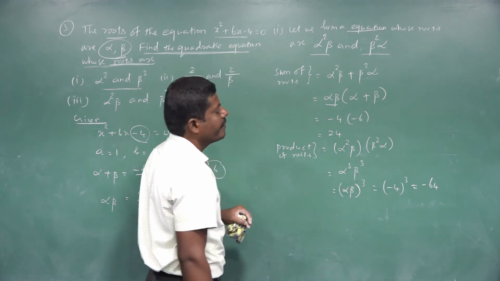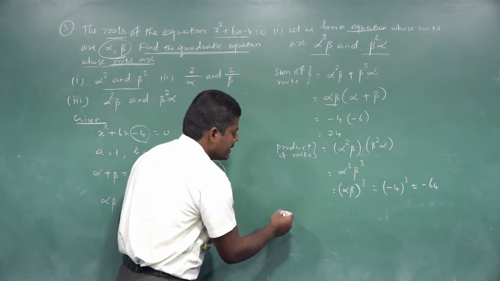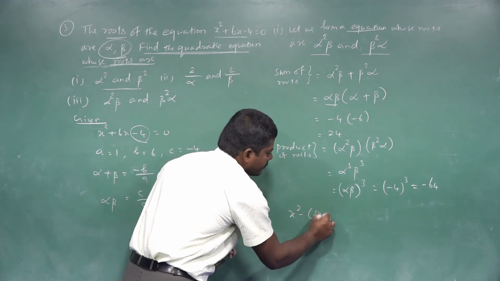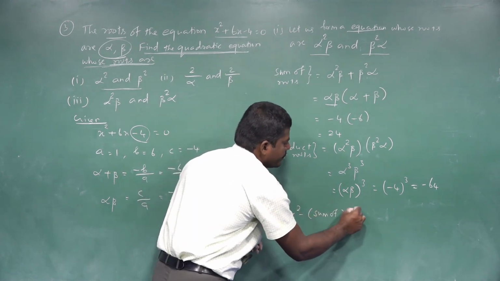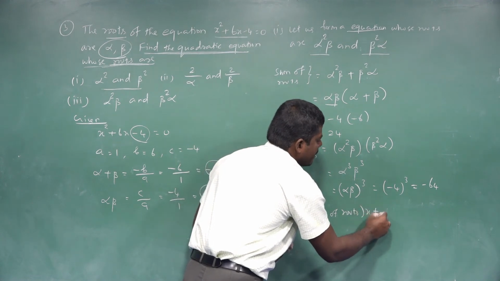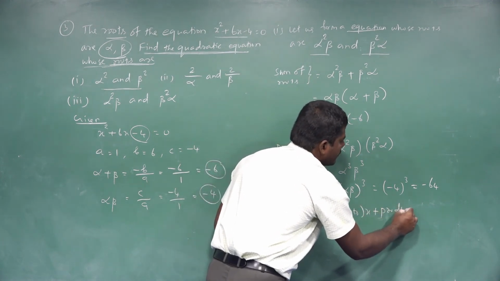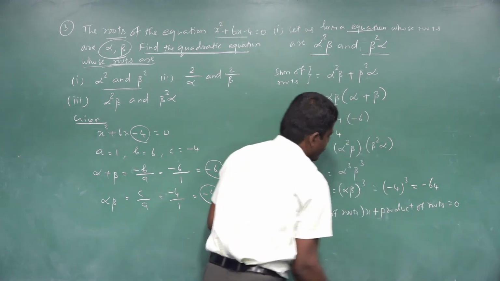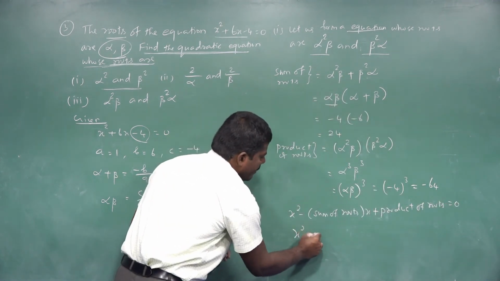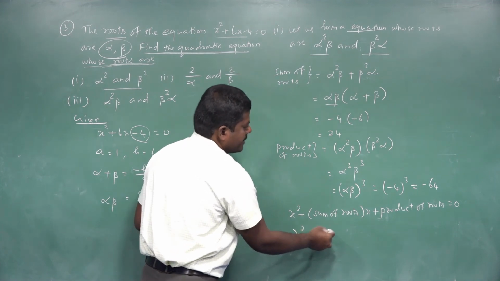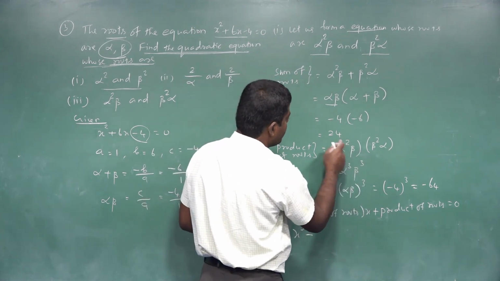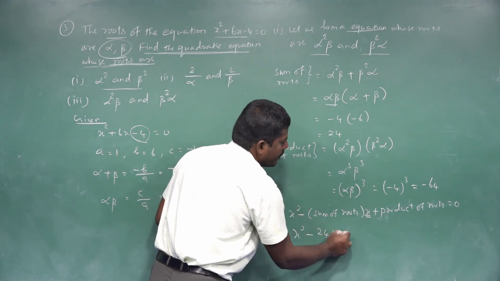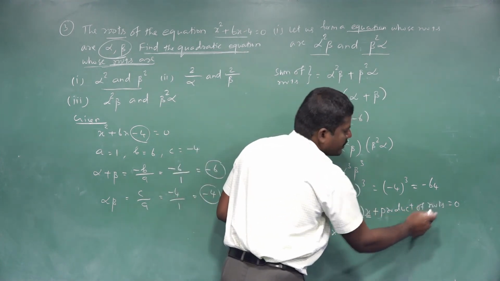Understand? Now we can find the quadratic equation. The general form of a quadratic equation is x square minus sum of roots of x plus product of roots, which is equal to 0. Here x square minus, sum of the roots value is 24, so 24 x here, plus product of roots equal to 0.